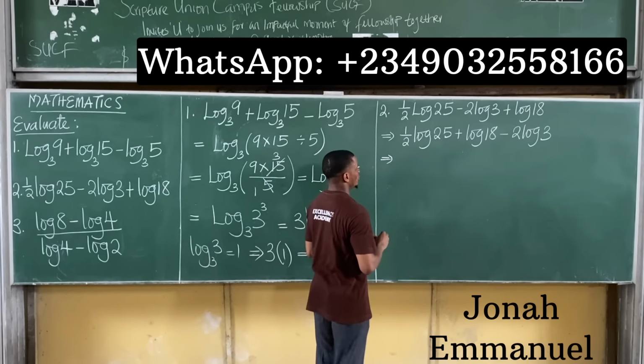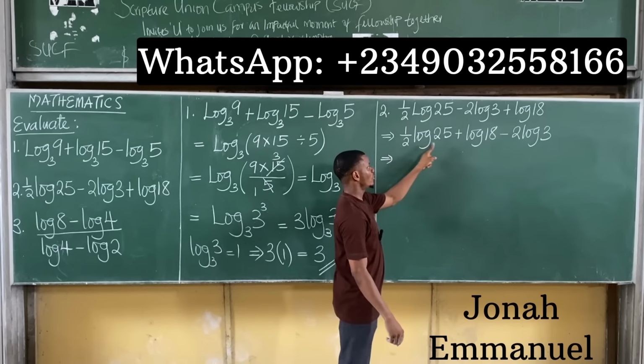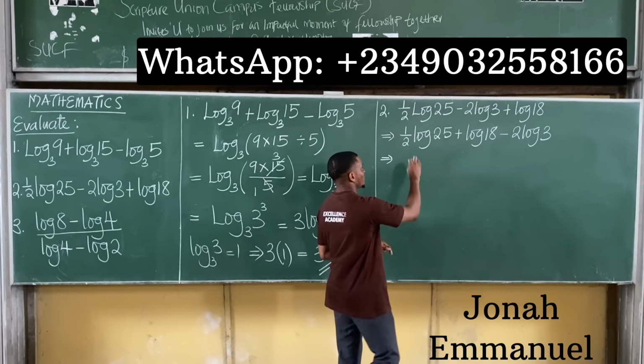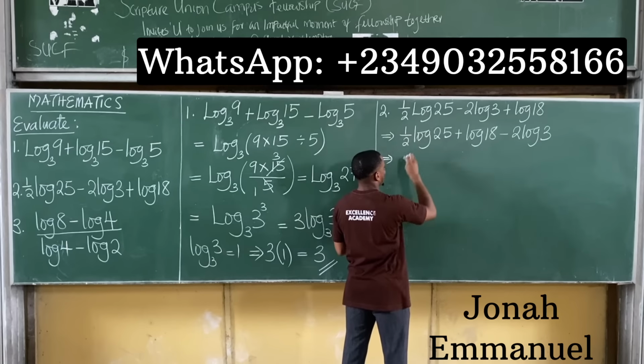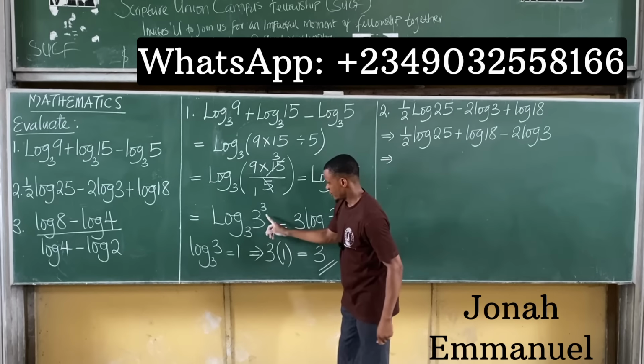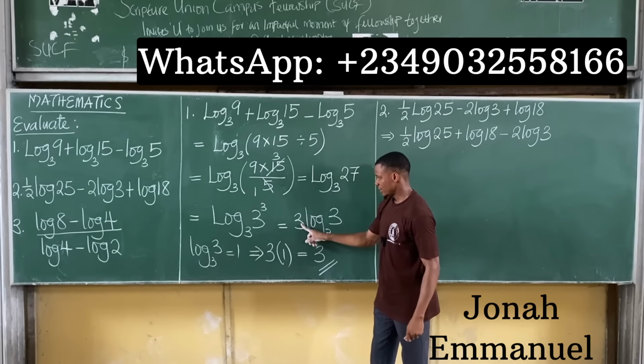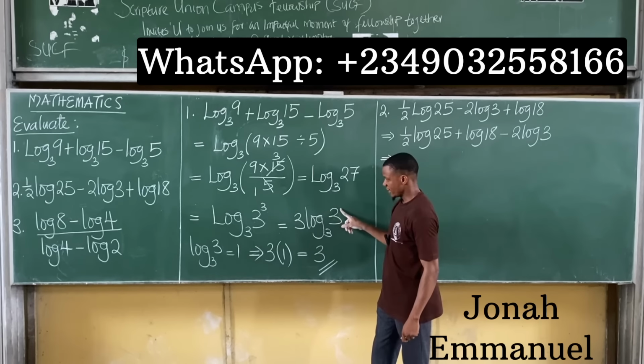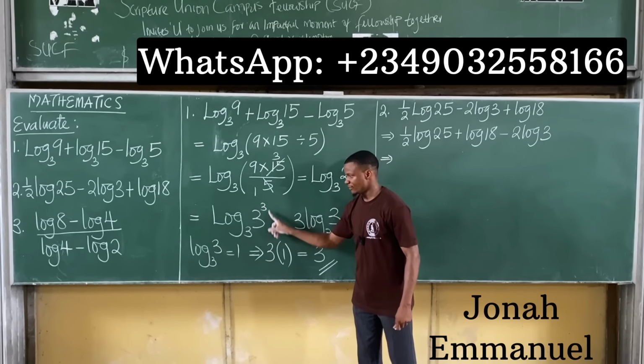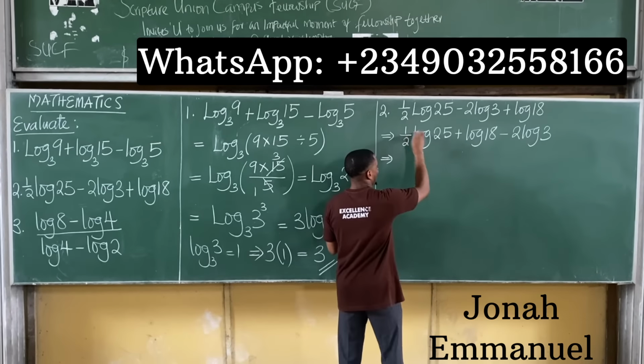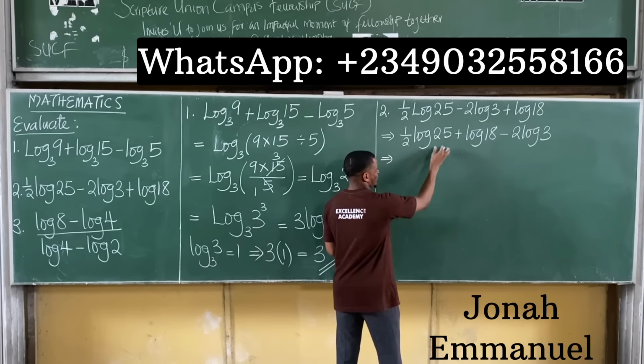Let me bring out some of the laws. The index law of logarithm: this number here can come this way as the index of this number. That means half can come here as the index of this.